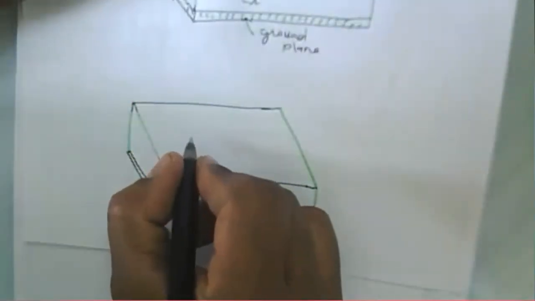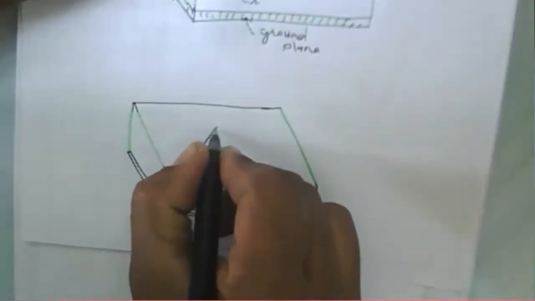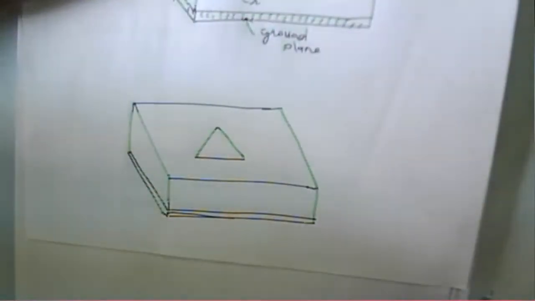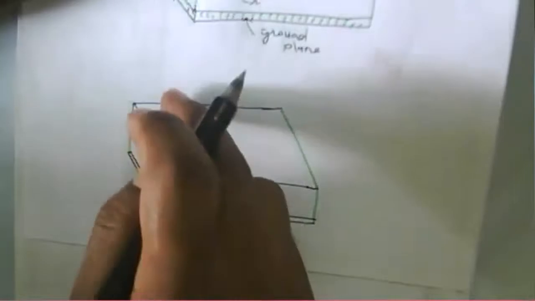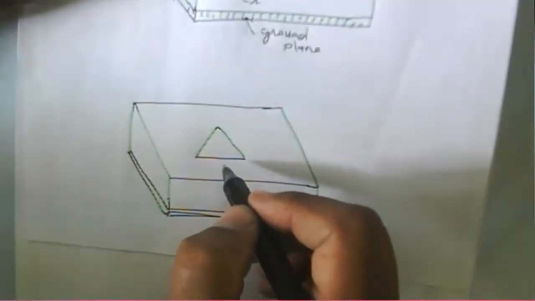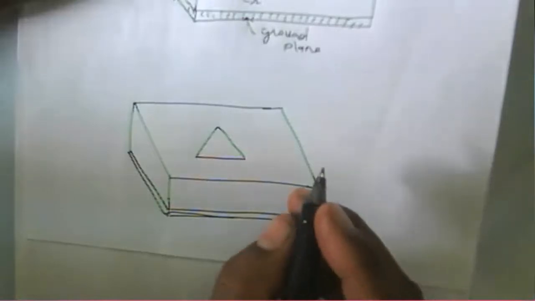Suppose I am going to develop a rectangle shape. That rectangle shape is developed on this particular PCB, and this rectangle shape will act as an antenna.